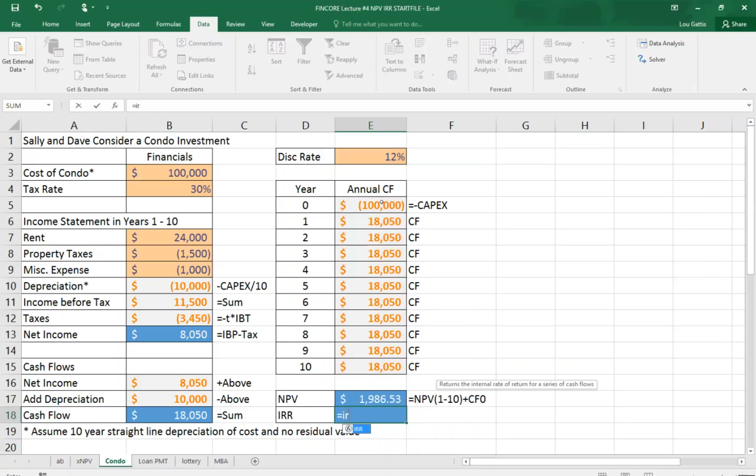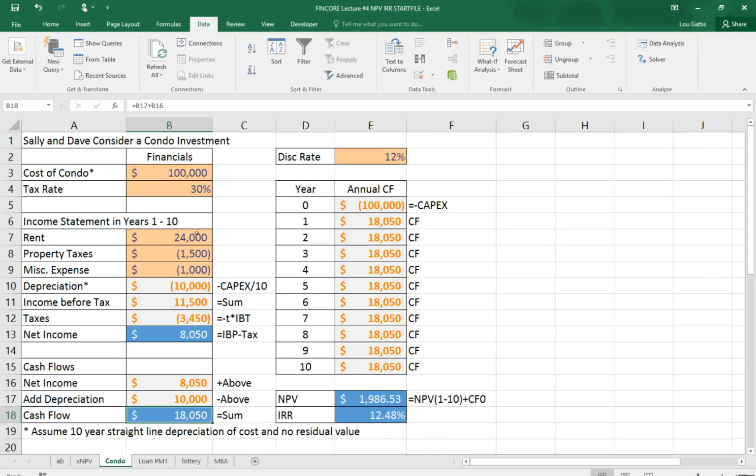I can also calculate the IRR of my cash flows. It looks like this project has an IRR of 12.48%, which just exceeds my cost of capital, my discount rate, and it creates a present value of $1,986. So it looks like the project's pretty good.